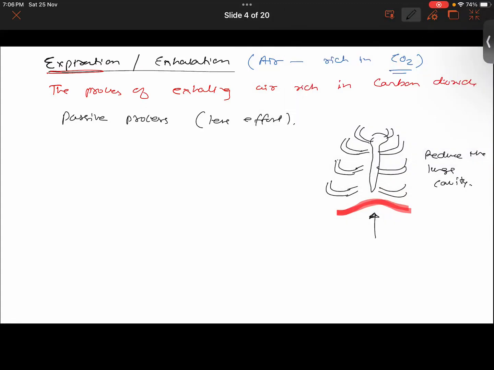Since the size of the lungs cavity decreases, the air pressure inside will increase, while air pressure outside will decrease.